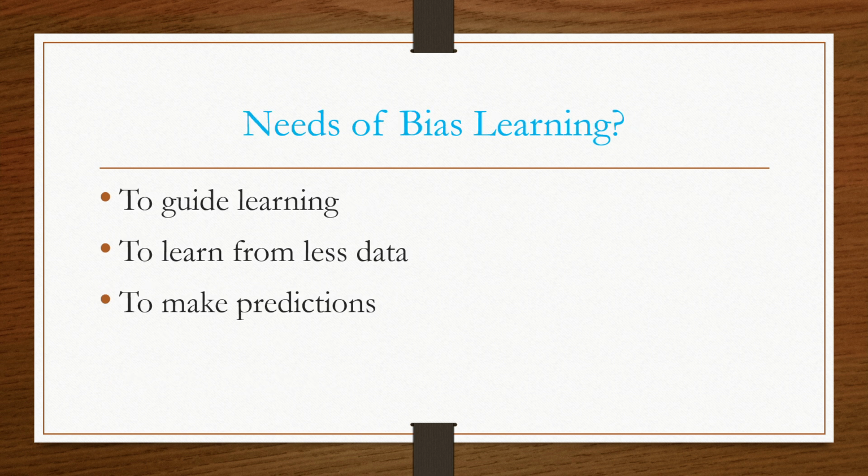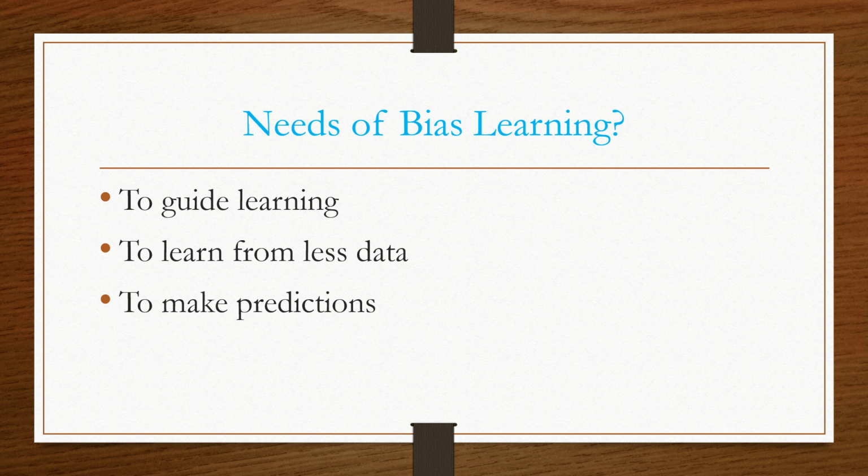First one is to guide learning. Learning without direction is like finding a needle in a haystack. Bias gives us directions and helps models focus on more likely answers. Next is to learn from less data. Getting large data sets is expensive and hard. Bias allows models to perform well even when data is scarce.